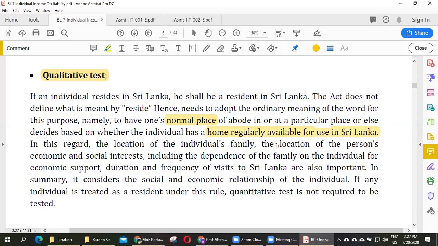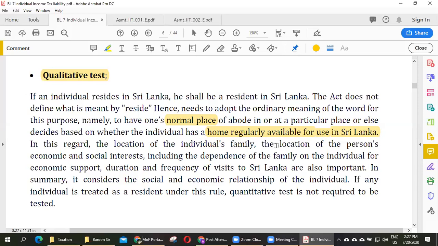That person is not in Sri Lanka, right? But he is a citizen of Sri Lanka. He is not living in Sri Lanka, but he is maintaining a home in Sri Lanka for his use. At that time, that person should be treated as a resident person.